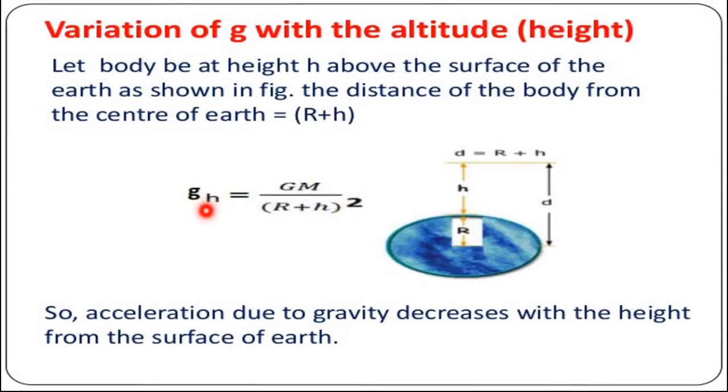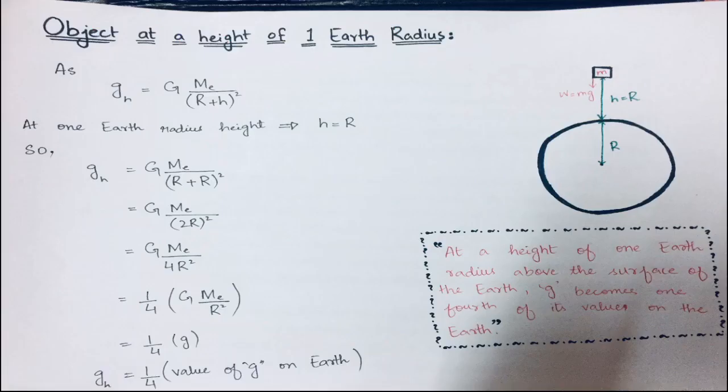Now let us see what will be the variation of g if I am changing the height of the object. If I am placing an object at a height of 1 earth radius, what would be the value of g? As we know, gh is equal to GMe divided by (R plus h) square.